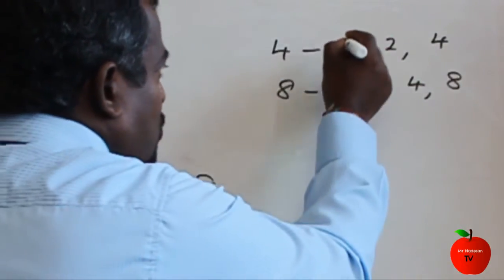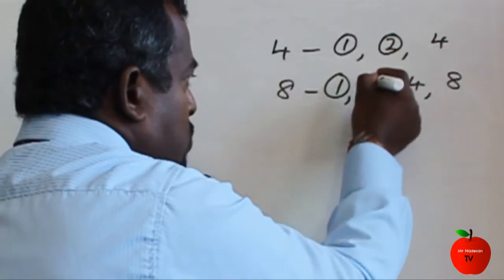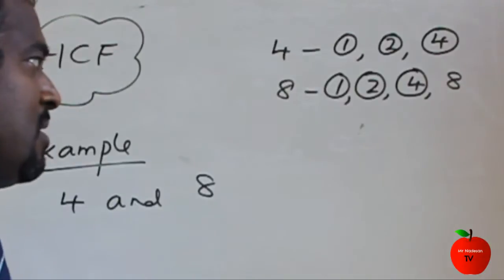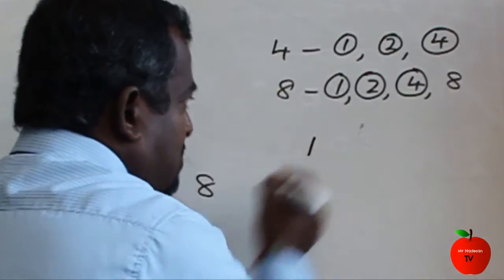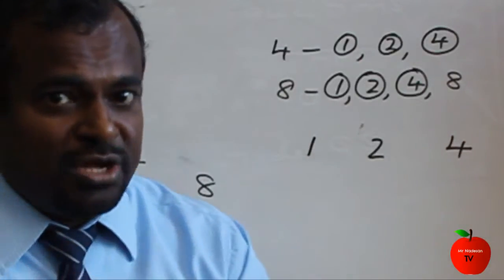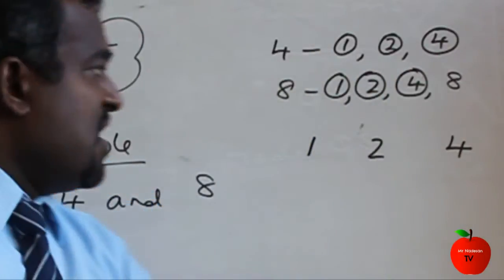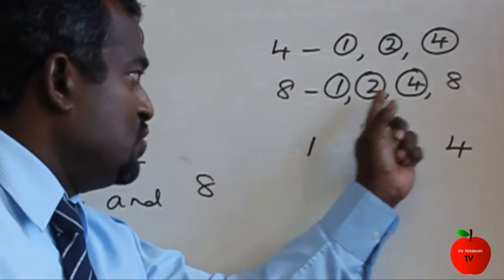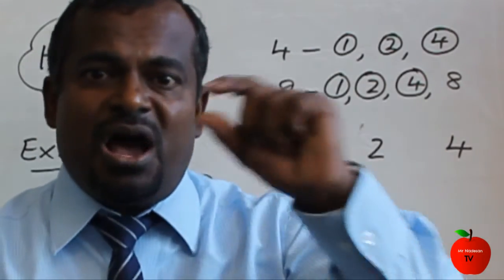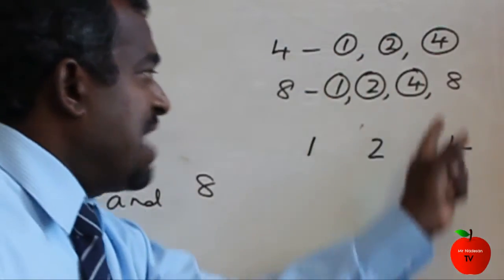Can you see that here? 1 is a common factor between 4 and 8. 2 is also a common factor, and 4 is also a common factor. So the common factors are 1, 2 and 4. I'll repeat one more time: factors of 4 are 1, 2 and 4; factors of 8 are 1, 2, 4 and 8. Between 4 and 8, the common factors are 1, 2 and 4.